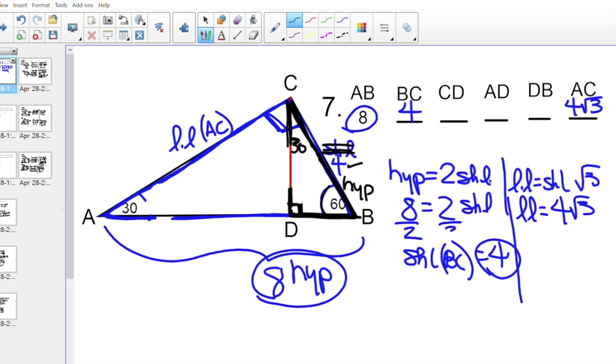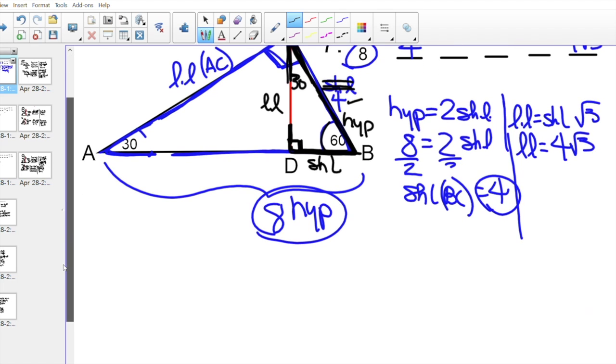But we're looking for either side. We can look for DB, which is the shorter leg, and this side would be the longer leg. Now, we have the hypotenuse given. So the approach that we'll take here is the hypotenuse equals 2 times the shorter leg.